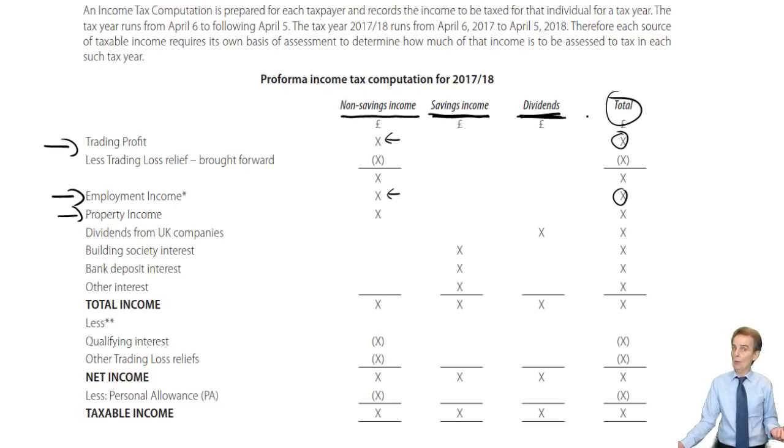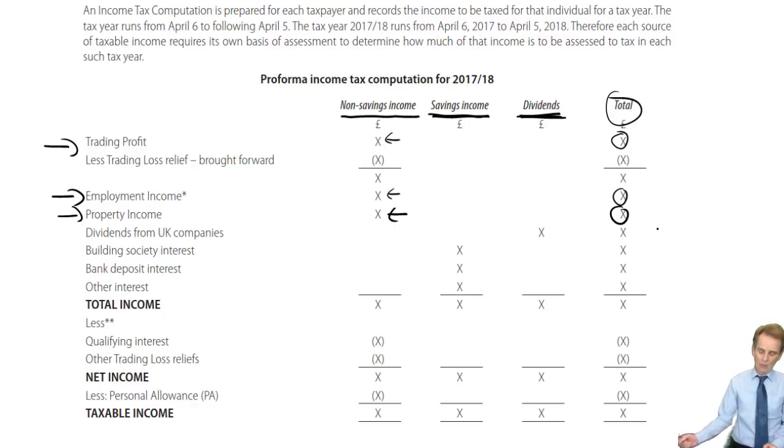If you only own the one property, you may let out a room or rooms within that property. But either way, a taxpayer may have sources of property income. Now that again is known as non-savings income, into the non-savings income column, into your total column there.